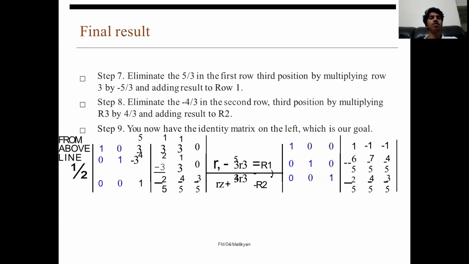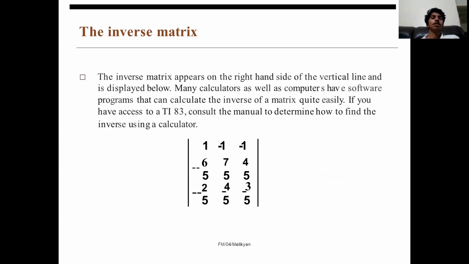Eliminate the -4/3 in the second row, third position by multiplying R3 by 4/3 and adding the result to R2. Step 9. You now have the identity matrix on the left and our goal is completed. The inverse matrix appears on the right side of the vertical line and is displayed below.